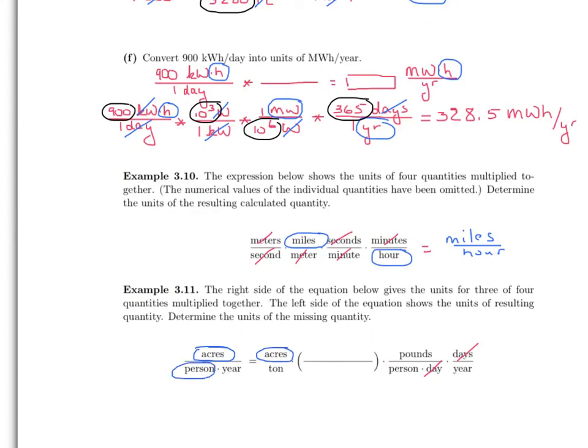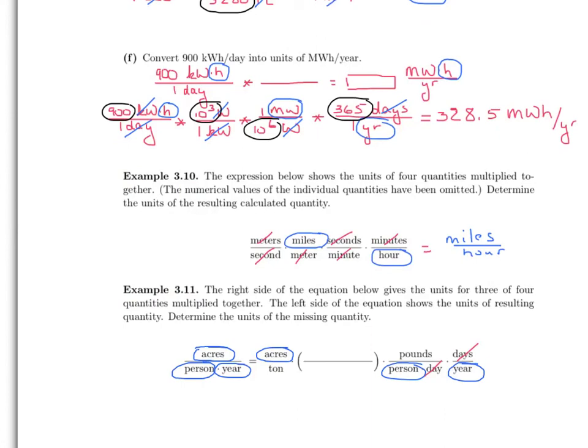We have person in the denominator on the left-hand side, so we need to have person in the denominator on the right side, and we do. We already have that. Finally, we need to have year in the denominator on the right-hand side because it occurs in the denominator on the left side, and we do have that. So the circled units appear on both the left and the right-hand sides of the equation.